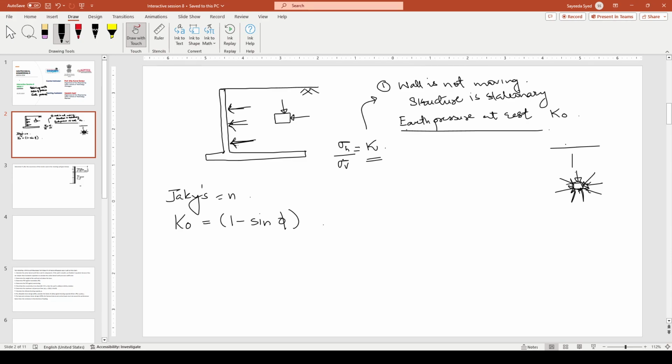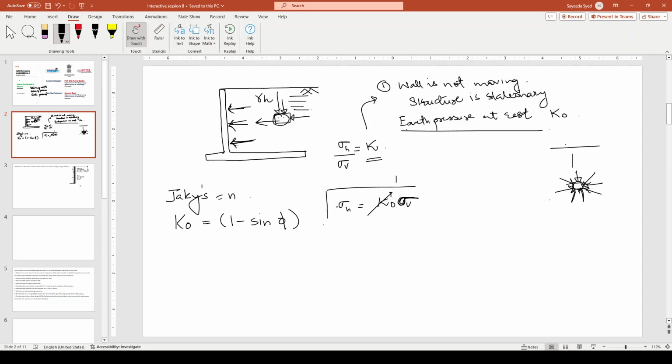Sigma v we know is gamma h, or however you calculate the overburden pressure, then at any point your lateral pressure will be your earth pressure coefficient times your vertical pressure. Had it been water only, then this would have been 1. But since it's not water and it's not hydrostatic, it's not equal in all directions, it's not isotropic.